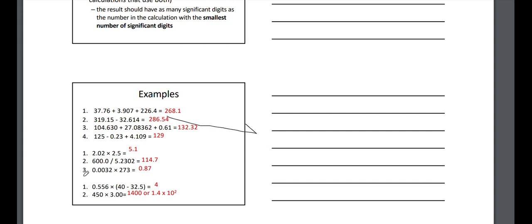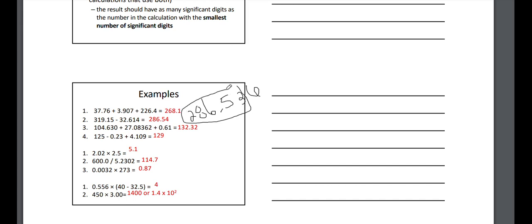Okay, sorry about this. So if you were to crunch these two numbers in the calculator and do this subtraction, the number that you will be getting will look like this: 286.536. How many decimals do I need to report? 2 decimals.